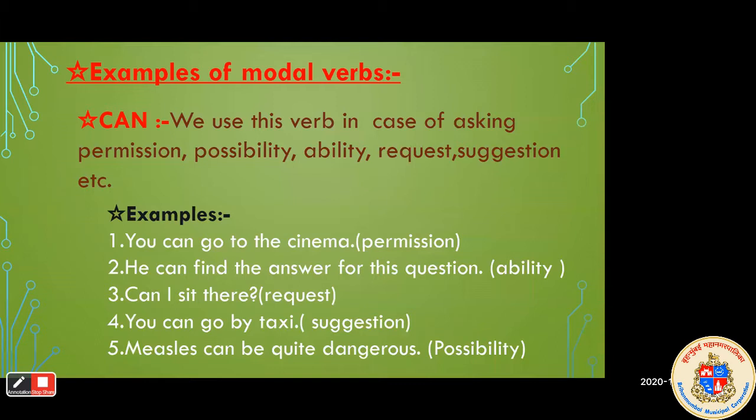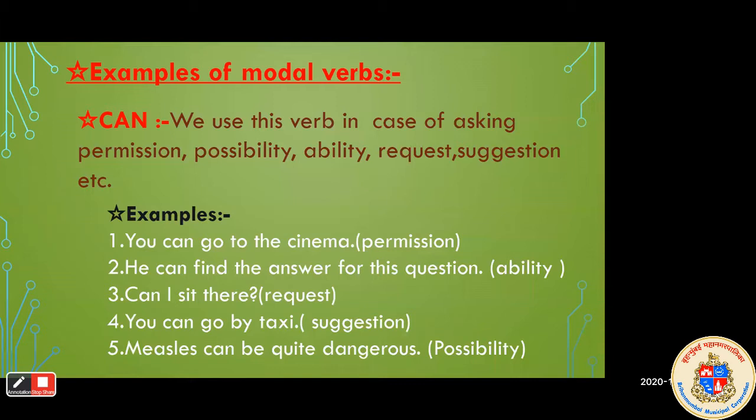In the first sentence, he is giving permission. In the second sentence, the word can shows the ability. He can find the answer, here the ability of the boy. In the third sentence, can I sit there? The word is used to make a request.